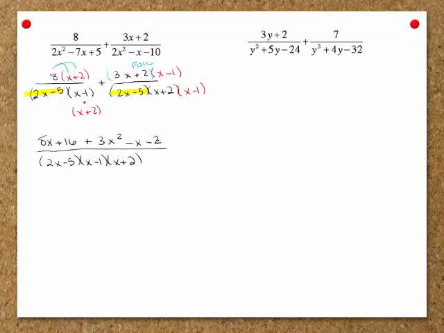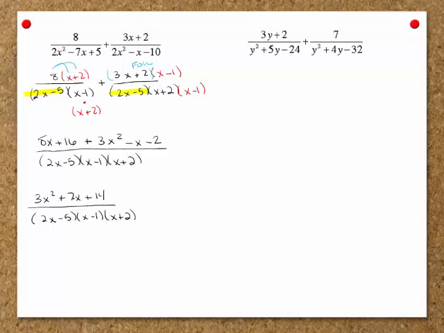Now I can collect like terms in my numerator to give me 3x squared plus 7x plus 14 over 2x minus 5 times x minus 1 times x plus 2.